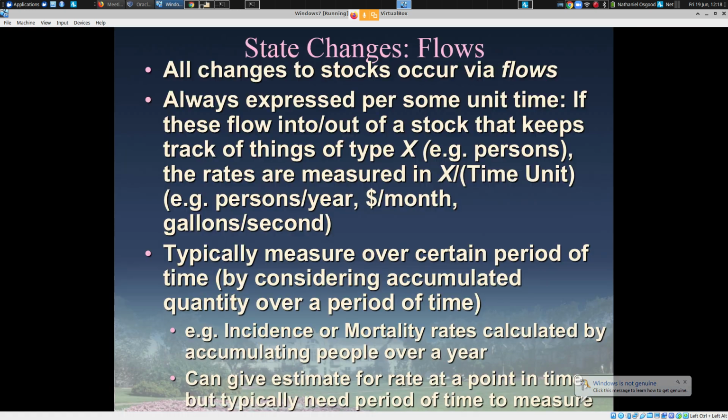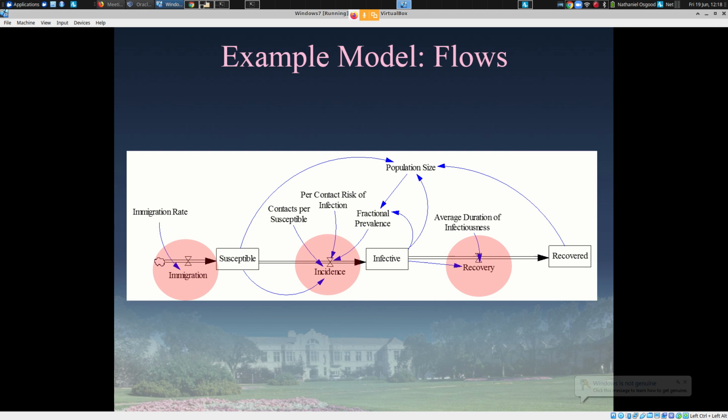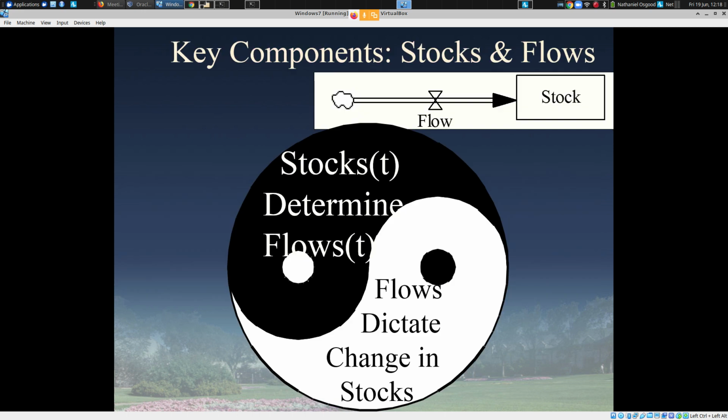Okay? These flows are invariably things like people per unit time, or vaccines delivered per unit time, or dollars per unit time. What you have is this interaction between the two components.